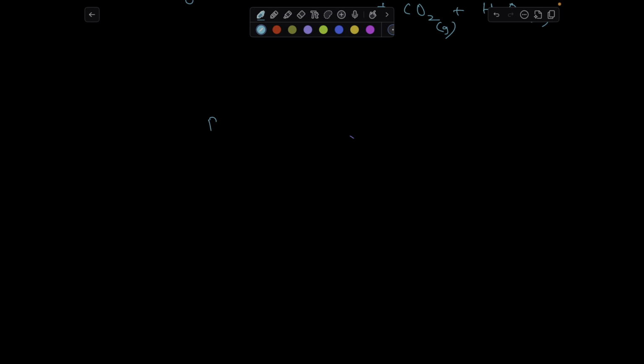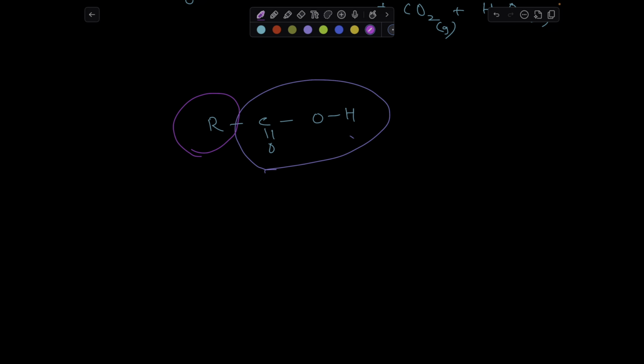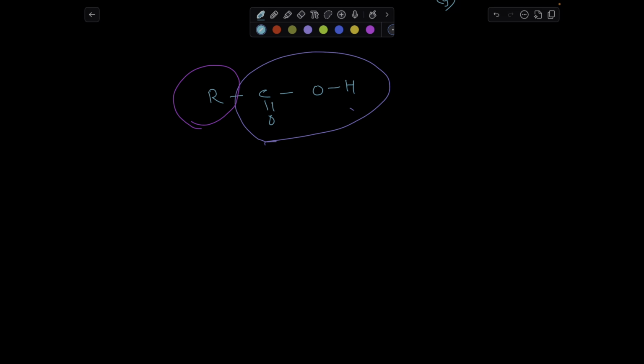We saw that the carboxylic acid functionality can impart or favor acidity. Once again, depending on the nature of R, the acidity can decrease or increase. If R is electron withdrawing, then it would increase the acidity.